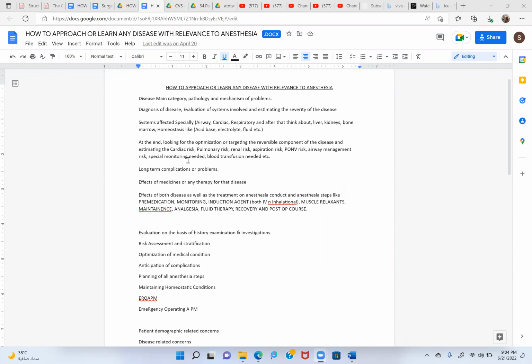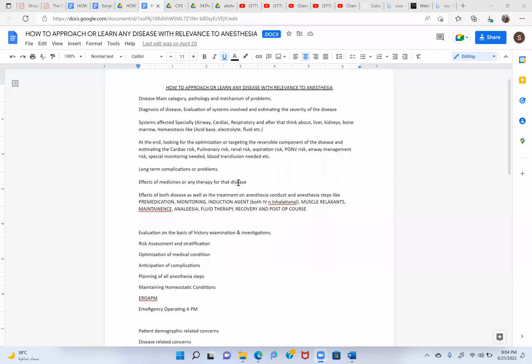Special monitoring needed: invasive blood pressure monitoring, as I discussed. Blood transfusion is usually not needed at baseline, but because the patient has risk of cardiac problems, you will be targeting hemoglobin more than 10.